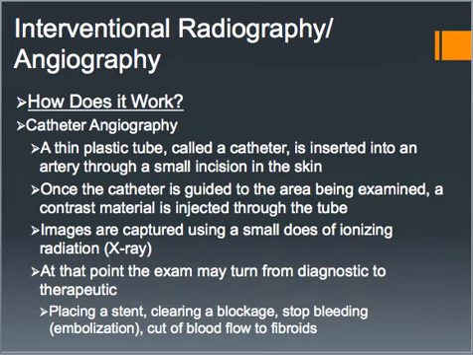They can decide at that point, yep, we see a blockage, we're going to put a stent in. Like I said, if the doctor sees something, they can do different things like place a stent, clear a blockage, stop bleeding with an embolization, cut the blood flow to fibroids, and remove blood clots. So there's a lot of different things that they can do when they figure out what is truly going on with the patient.